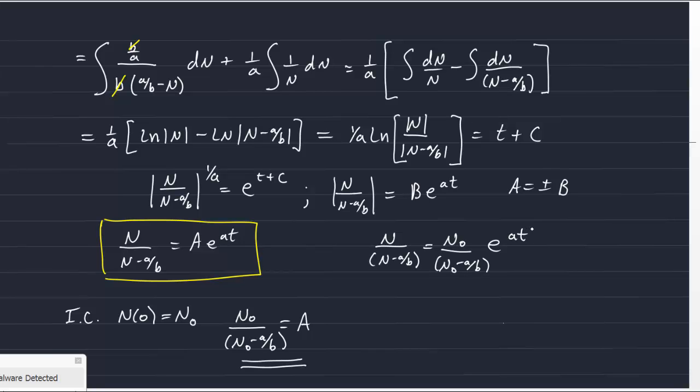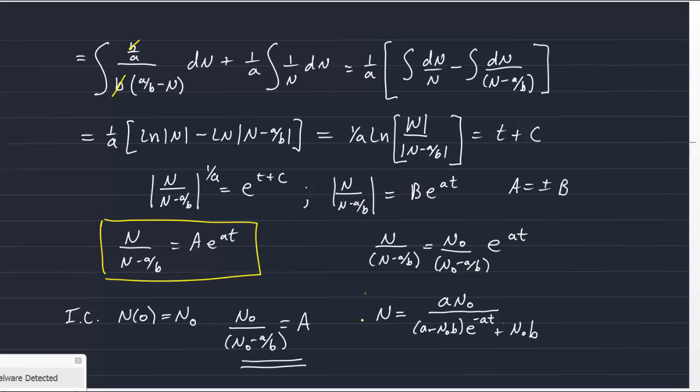And now solving for n, if we do a little bit of algebra, we find that n is equal to a times n0, all over a minus n0 times b, times e to the minus at, plus n0 b.